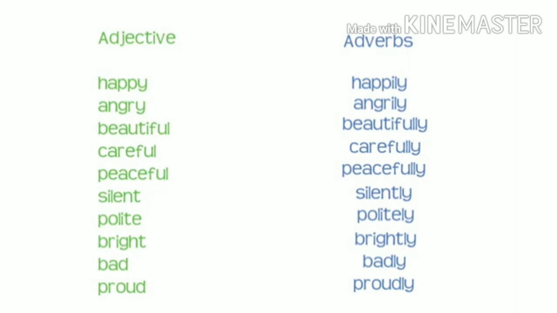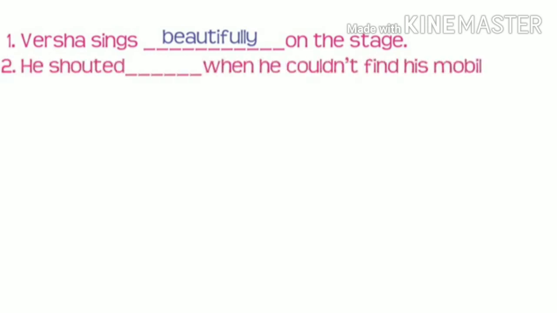Our first sentence is: Varsha sings dash on the stage. So what should we write here? Beautifully. Varsha sings beautifully on the stage. He shouted dash when he couldn't find his mobile phone. So what should we write here?